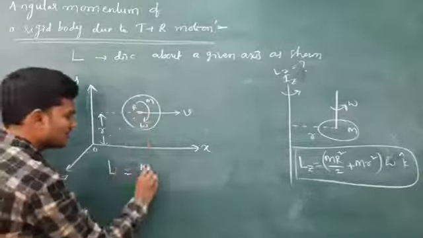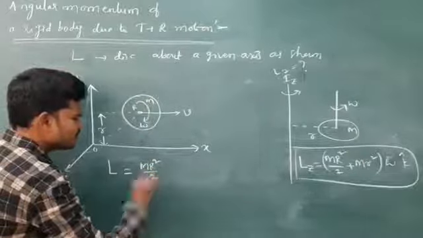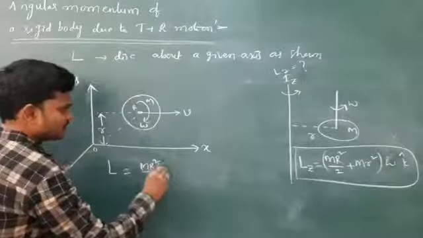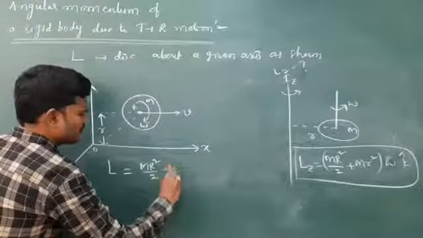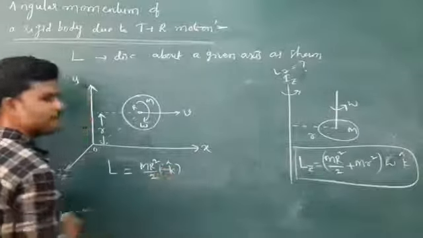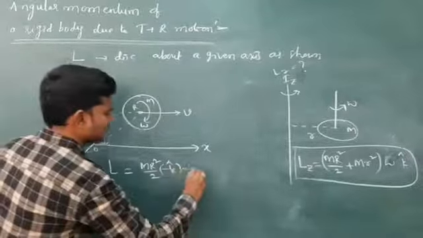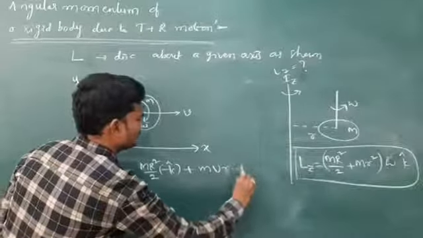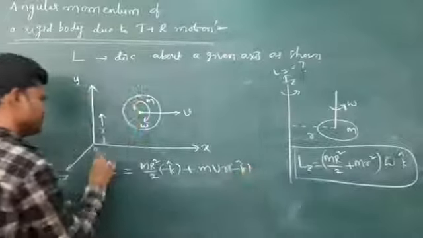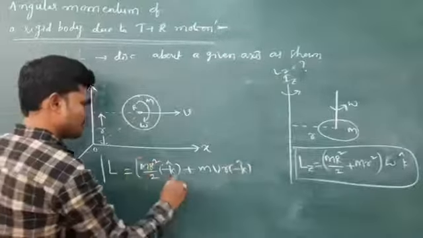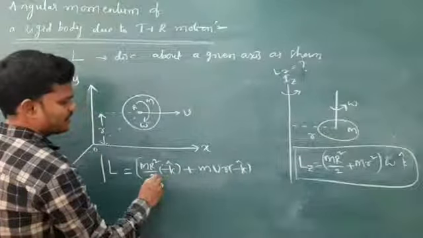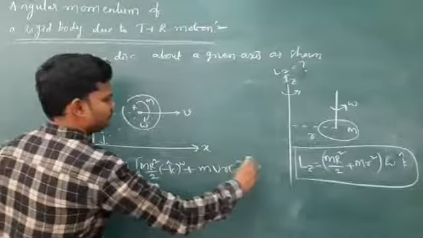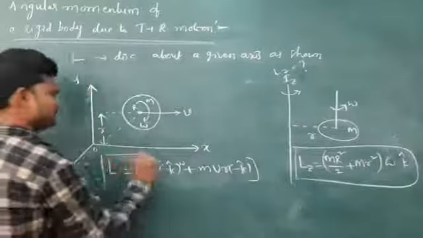So the formula will be the same, mr square by 2, rotating about this z-axis. So mr square by 2 minus k cap, and due to the translatory velocity, m v r minus k cap. So into omega, I omega, here omega will come.